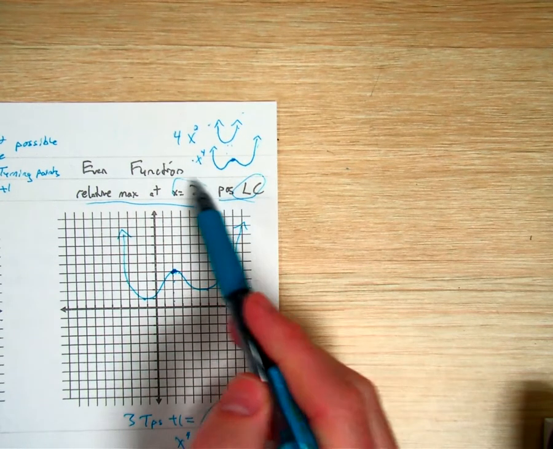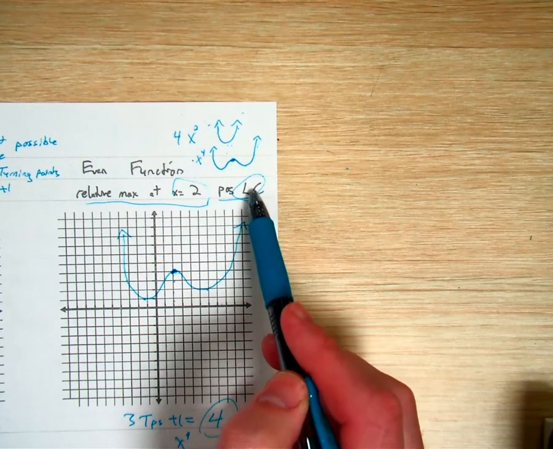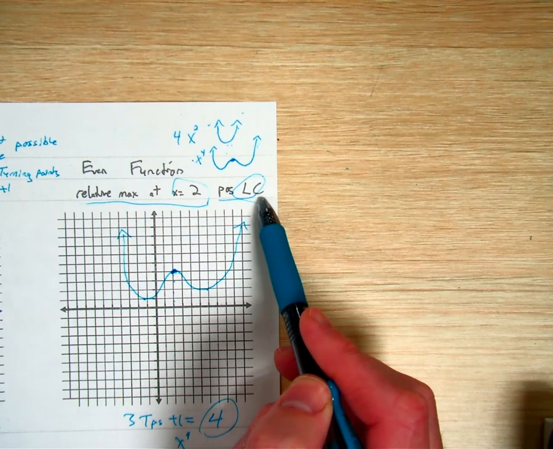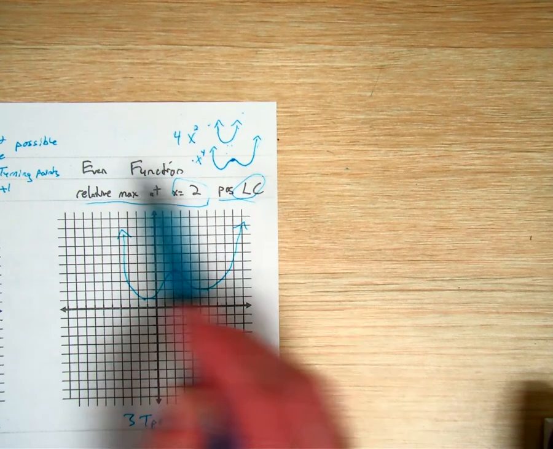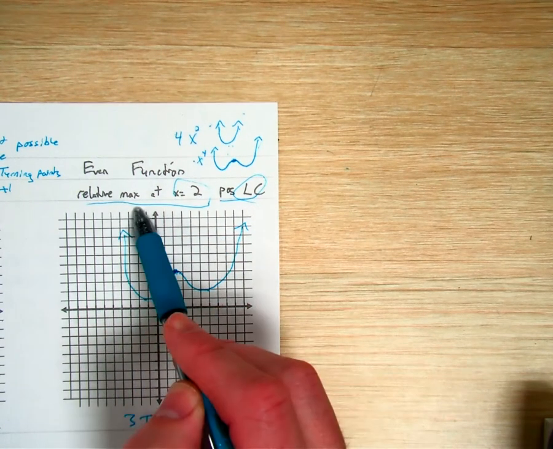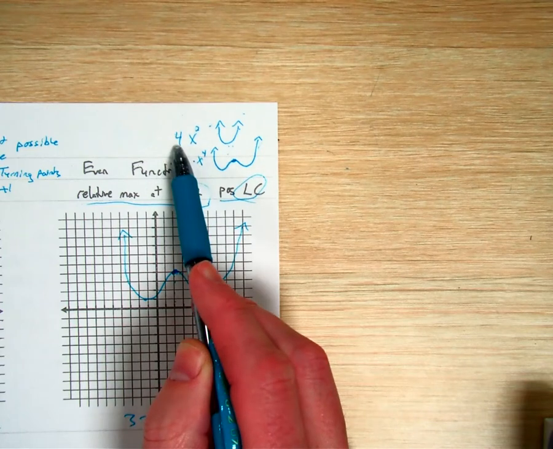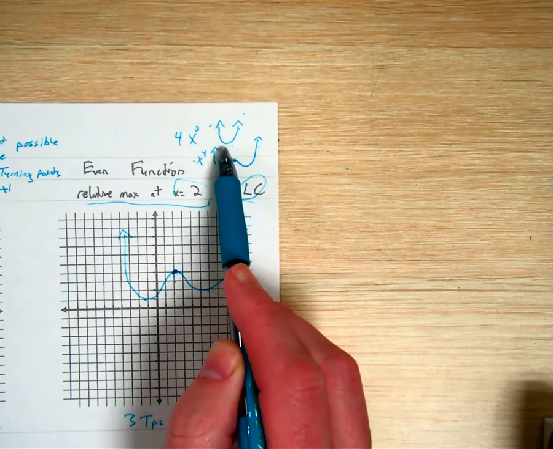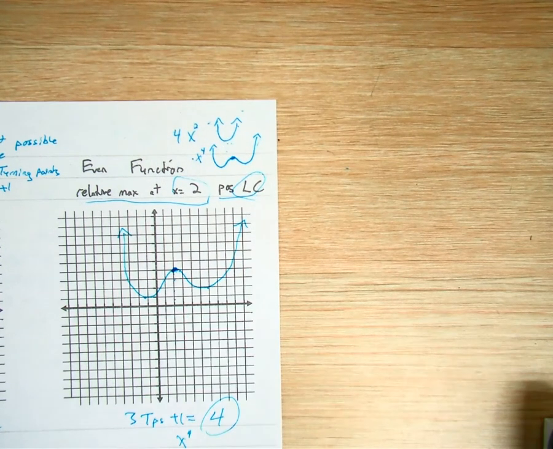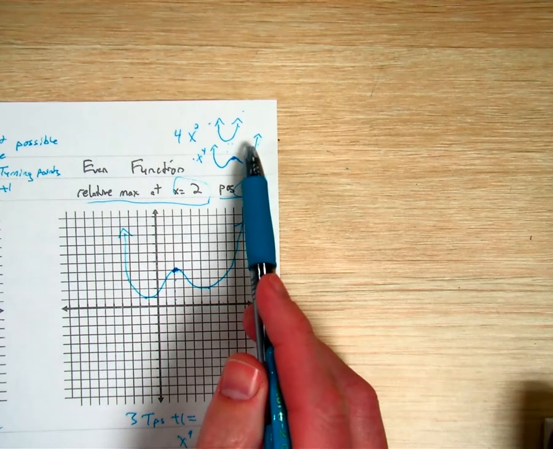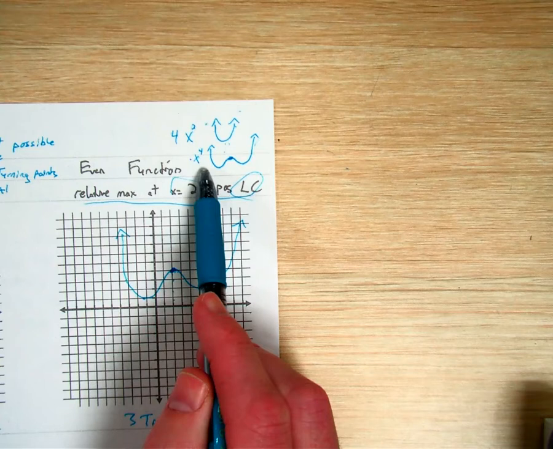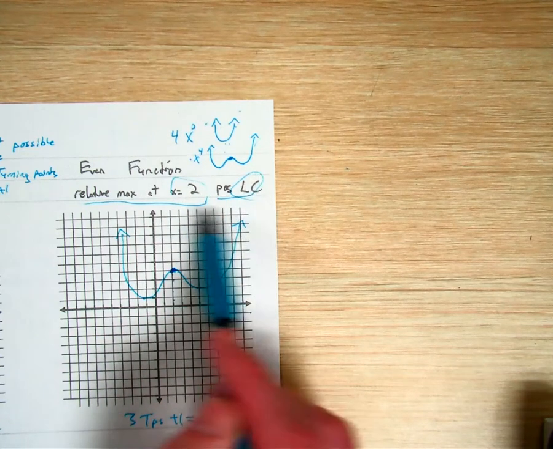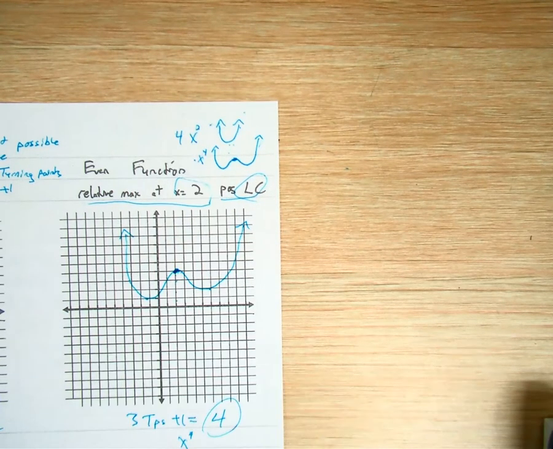You couldn't do it with an x squared and meet these requirements, having a positive leading coefficient and be an even function with a relative max, because if you did a positive leading coefficient with an x squared, you'd have a bottom. You'd have an R min, not an R max. And then to the third power, that's not even. So the smallest even one that we could meet these requirements with was an x to the fourth.